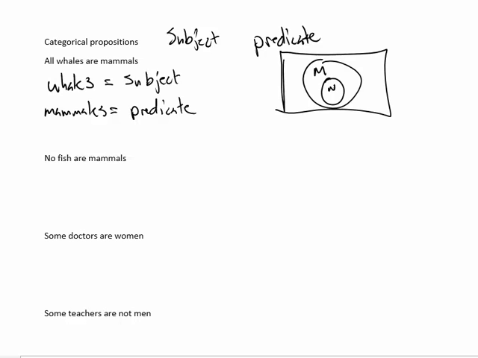Okay, so no fish are mammals. That means no fish would be the subject set, and again, mammals in this case would be the predicate set.